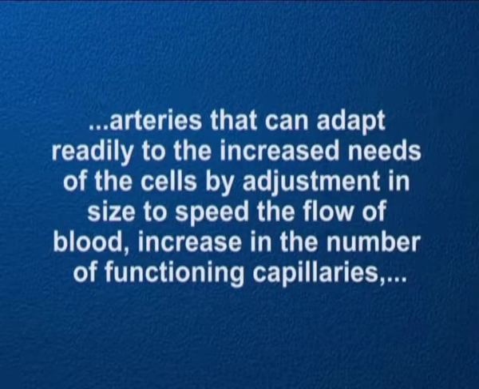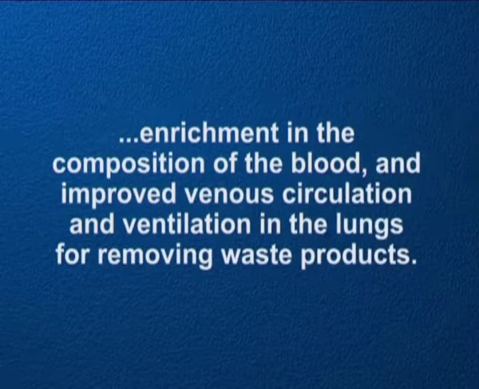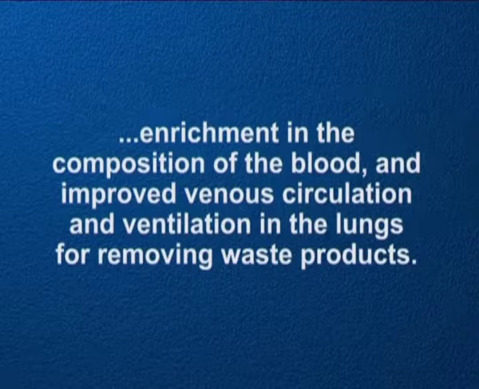Arteries can adapt readily to the increased need of the cells by adjustment in size to speed the flow of blood, increase in the number of functioning capillaries, enrichment in the composition of the blood, and improved venous circulation and ventilation in the lungs for removing waste products.